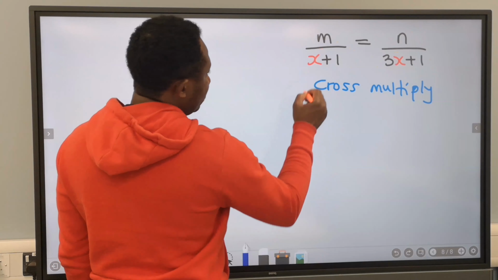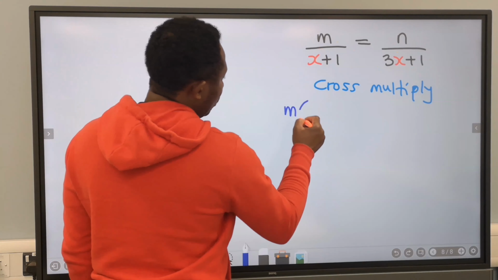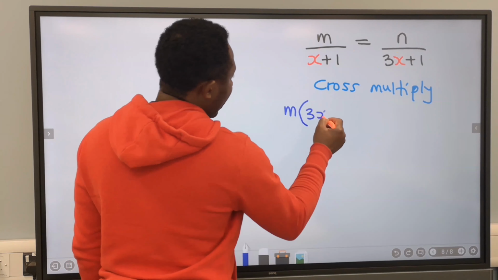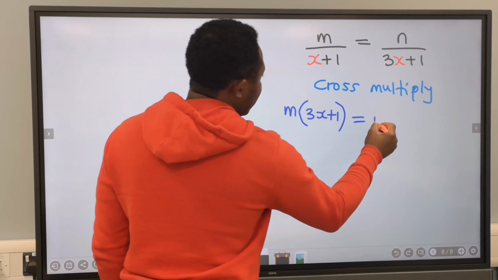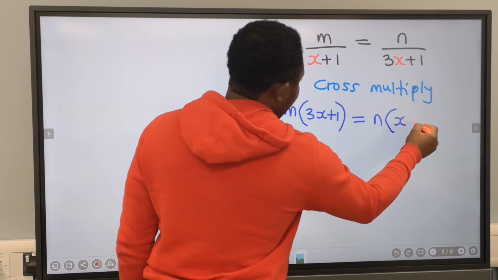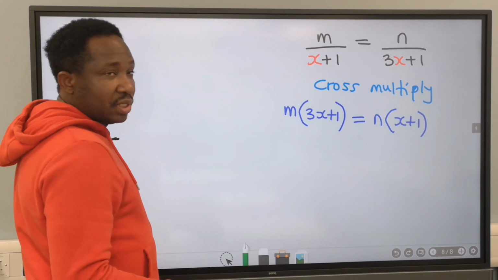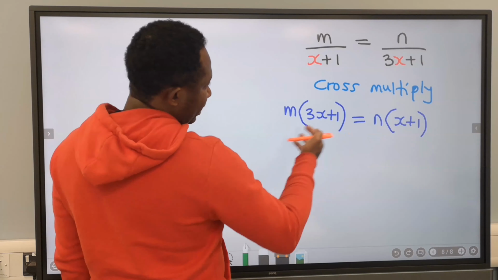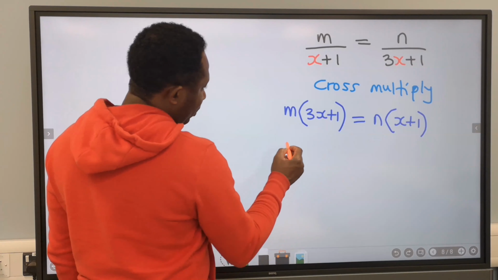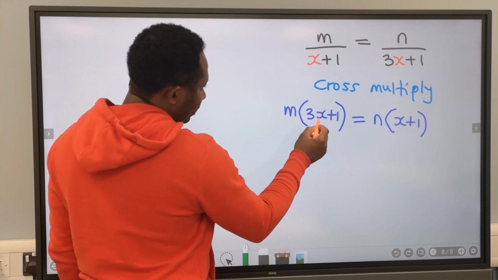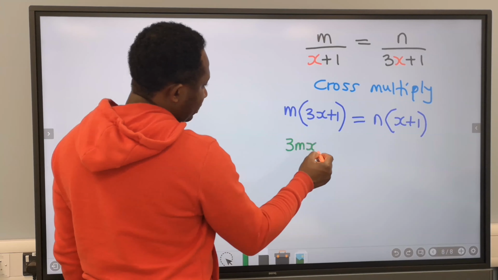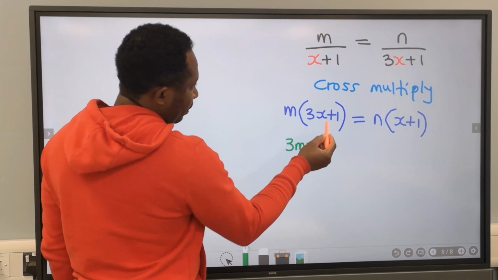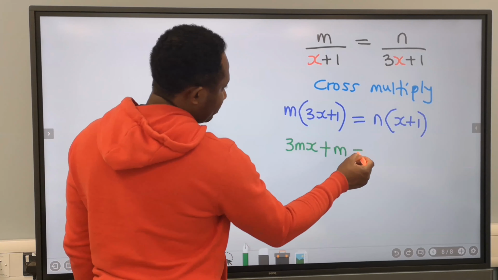That is, this will become m to multiply 3x plus 1 and n to multiply x plus 1. Next, we're going to expand this bracket, and here I'm going to have m multiply 3x. I will have 3mx plus m multiply 1. I'm going to have m.